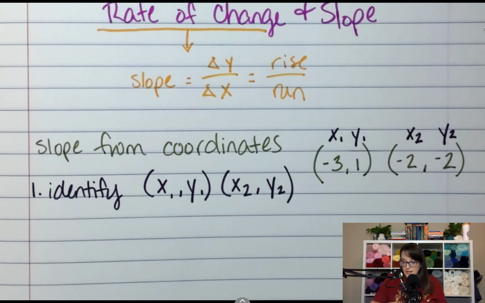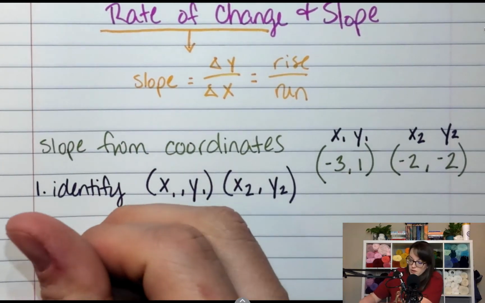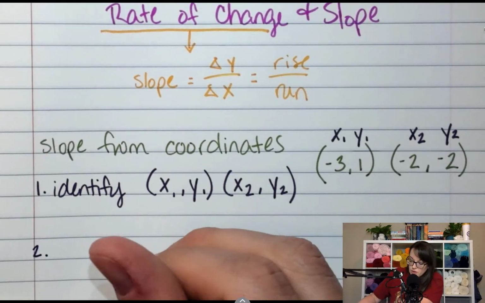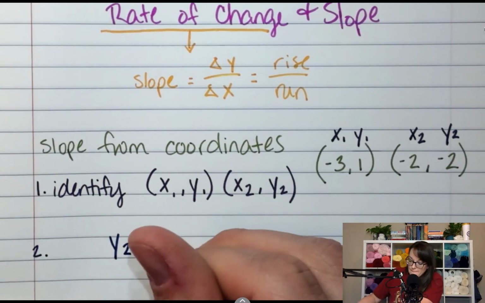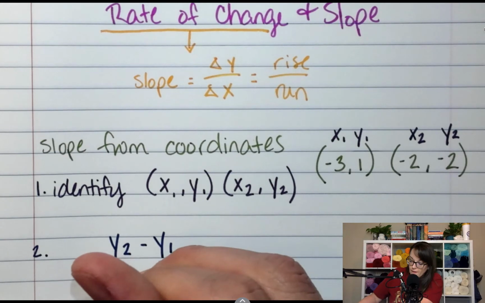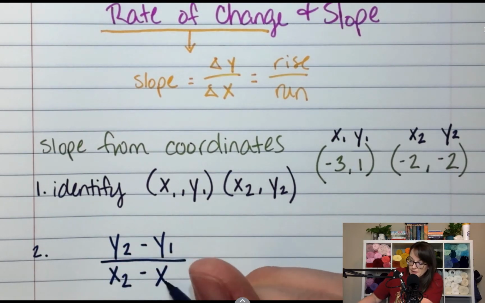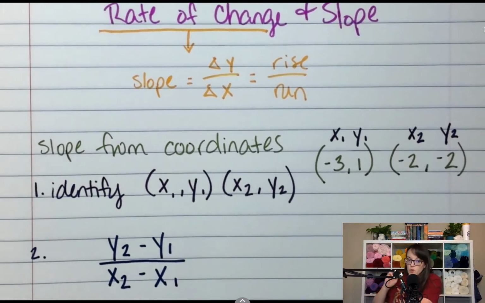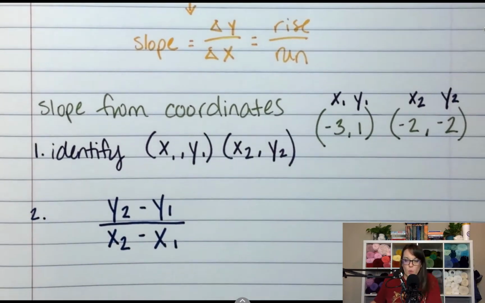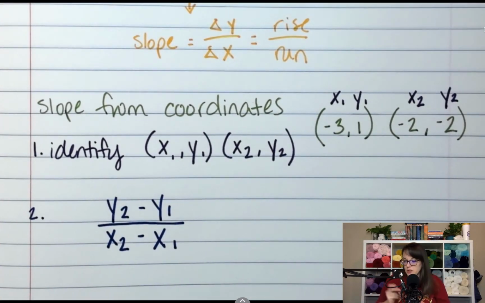Next, we're going to set up our formula. We're going to do y2 minus y1, and we're going to put it over x2 minus x1. So which one was y2? y2 is -2.